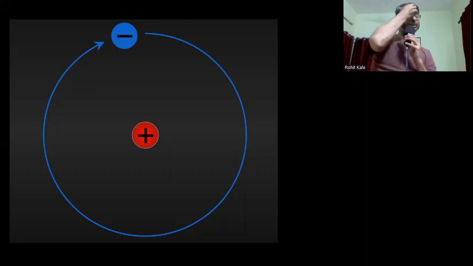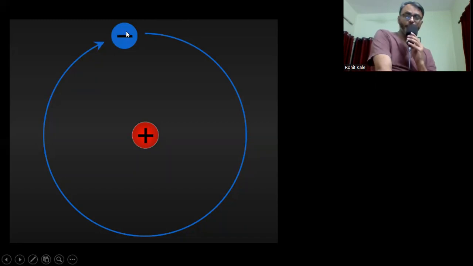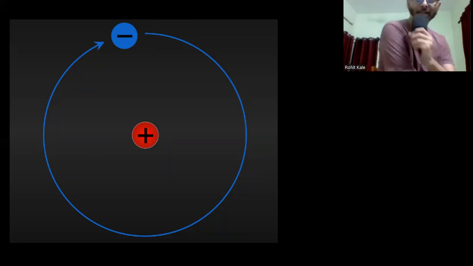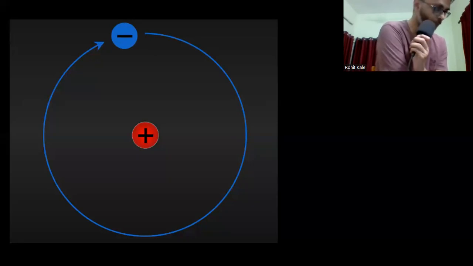Classical mechanics cannot explain this, but quantum mechanics can. Quantum mechanics explains it by the electron wave. So the electron is not only a particle. This ball-like picture which we have in mind is actually wrong as far as quantum mechanics is concerned. Quantum mechanics says that the electron is not like a ball. It's not like a particle, but it's a particle and wave dual.